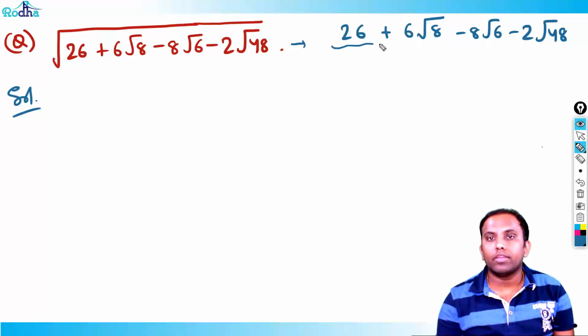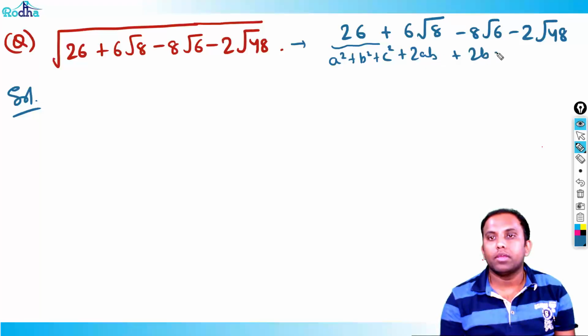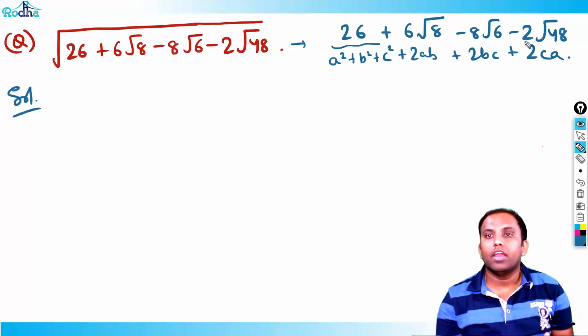This is like a square plus b square plus c square, and this is like plus 2ab plus 2bc plus 2ca. Now I can adjust the sign. You notice both the terms are negative. Which term is common in these? c is common in both, so c should be negative. So it is actually (a plus b minus c) whole square.